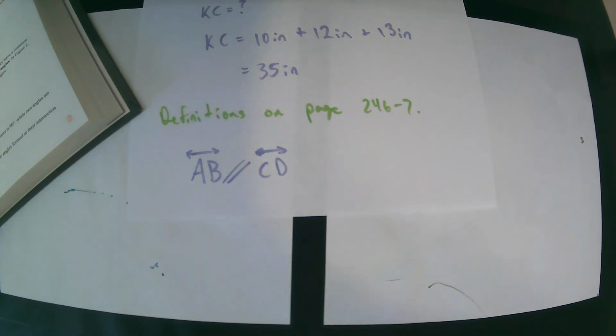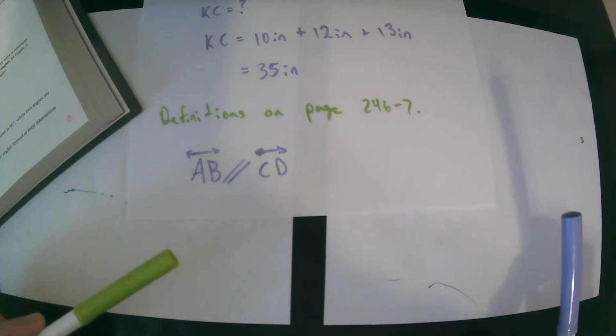Now, something that they say that you may not have heard before is two lines in the same plane are parallel if they never intersect. The rest of the definition makes sense from there. But you may not have heard in the same plane. So what's that about? Well, it's important to say that the two lines are in the same plane because just consider like space, right? Lines floating out in space.